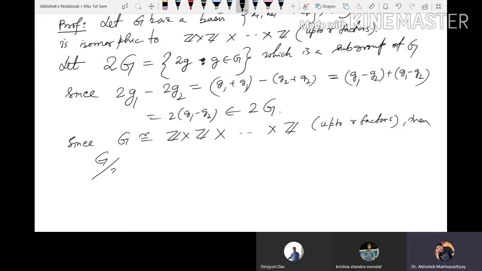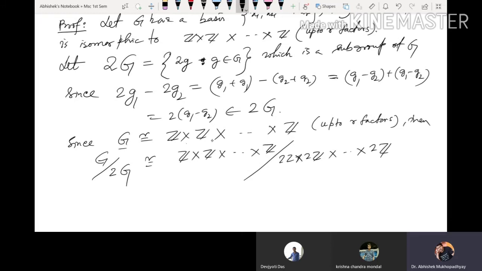Then G quotient by 2G must be isomorphic to Z cross Z cross Z by 2Z cross 2Z cross 2Z, right?